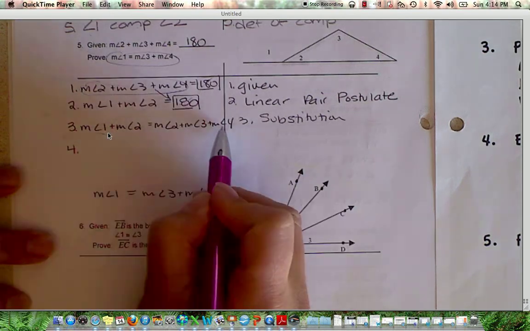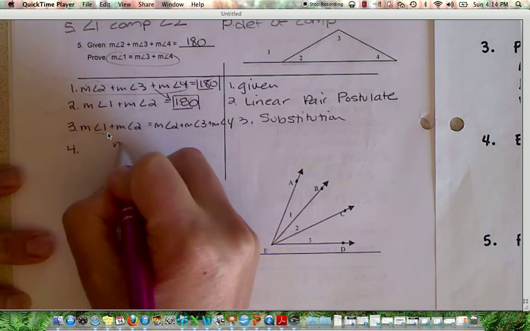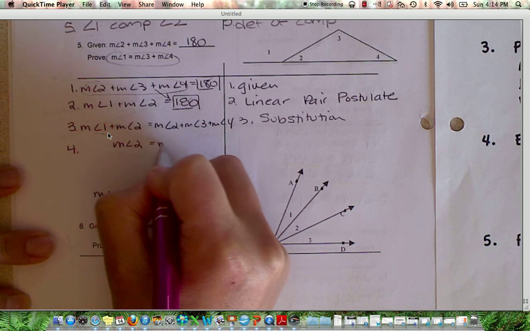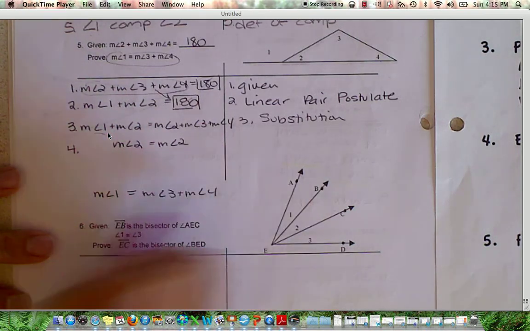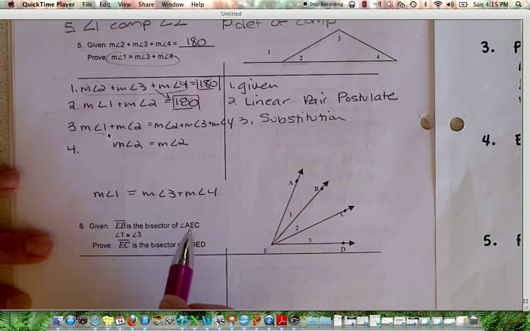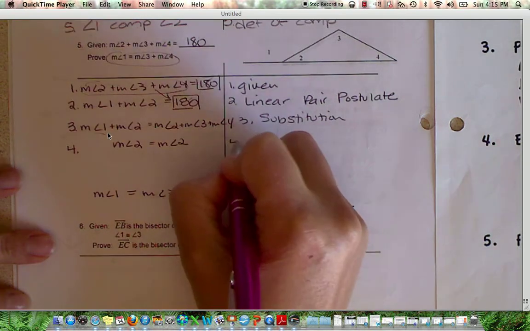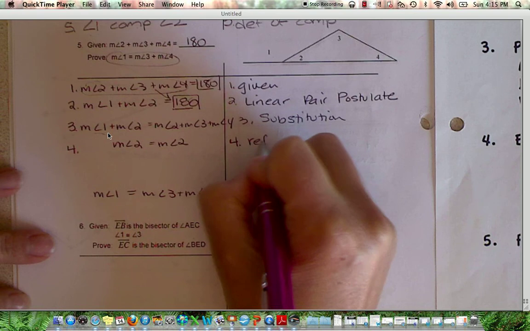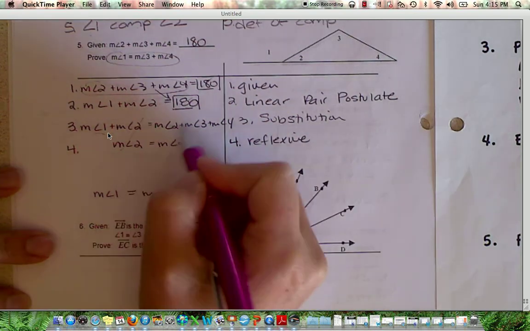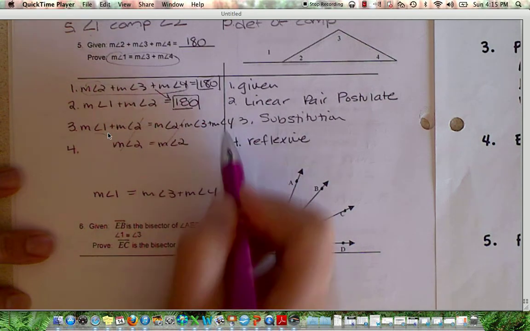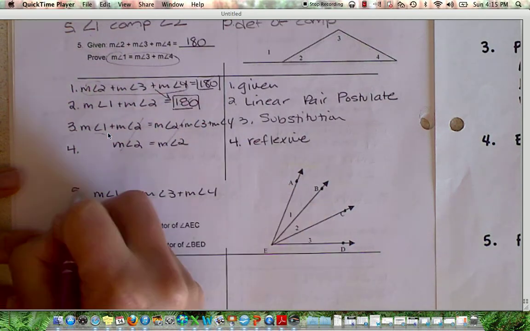Now when we look at this, we can see that there's a measure of angle 2 on the left side and a measure of angle 2 on the right side that is not in the final statement here, the proof. So what we want to do is state our reflexive step so that we can take these away. And when we take them away, this is what we're left with, step 5.